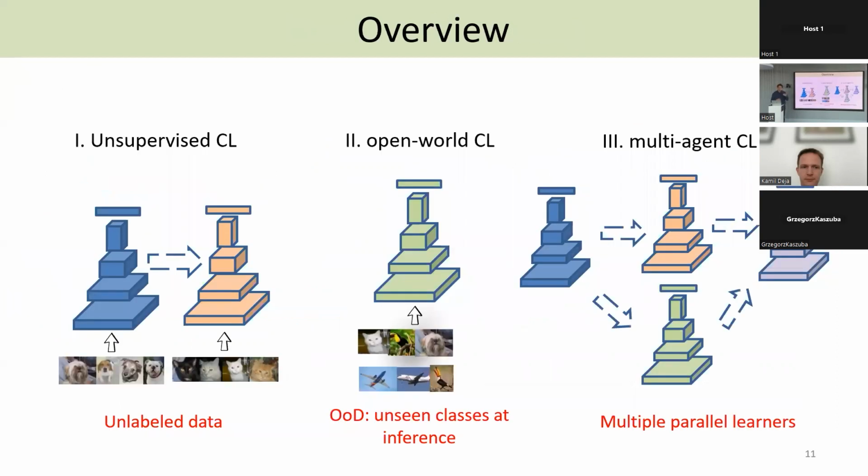And normally you consider a single learner, though there are some methods out there which use two learners. Most of it will be on this first topic. I will do a little bit on this open world direction, more in domain adaptation. And then the final one will be some recent work we did towards multi-agent continual learning, though I would say not really yet multi-agent.